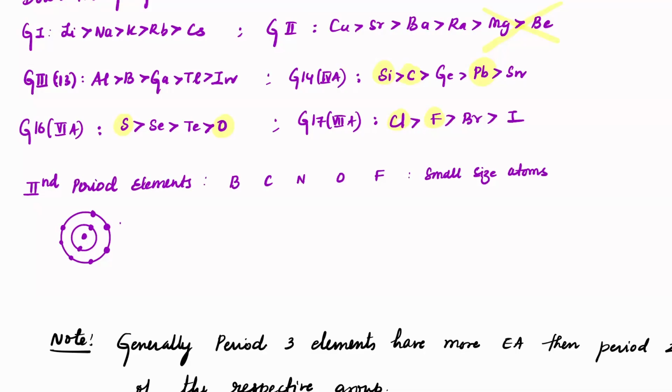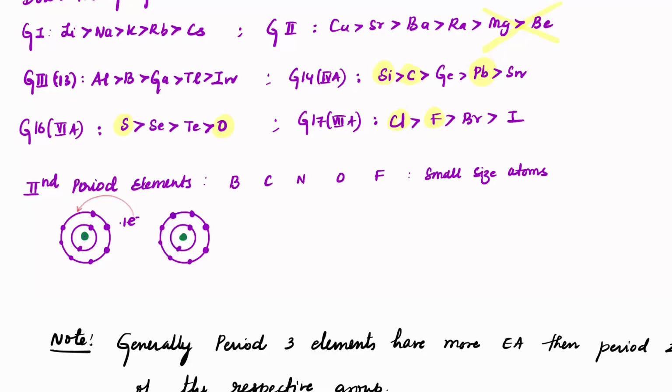So if at all I add one electron here to this orbit, what would happen? As soon as we get one electron here, because you're adding the electron to the same orbit, the closeness between the electrons increases here, except for this nucleus.